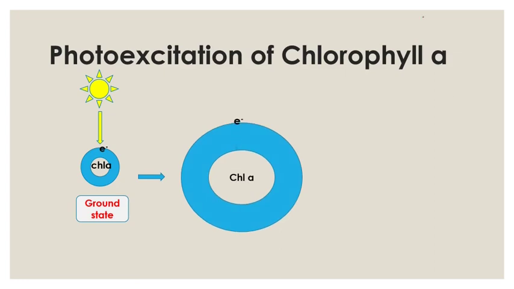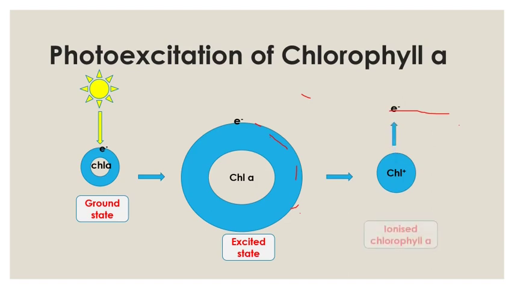When they become excited, these electrons start traveling in the outer orbit. As you can see in this picture, they are excited and circulate in the outer orbit, and then they are released. When they are released, the electrons are lost and the chlorophyll becomes ionized.